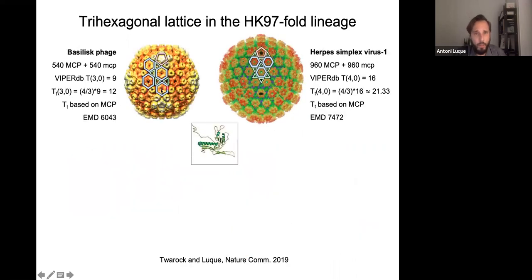For the case of the phage, Bacillus phage, and herpes, we already see now that this falls nicely in the trihexagonal lattice. We have these extra minor capsid proteins that explain the orientation of the capsomers, how many, the stoichiometry that you have. What is interesting is these viruses all form the HK97 fold protein.